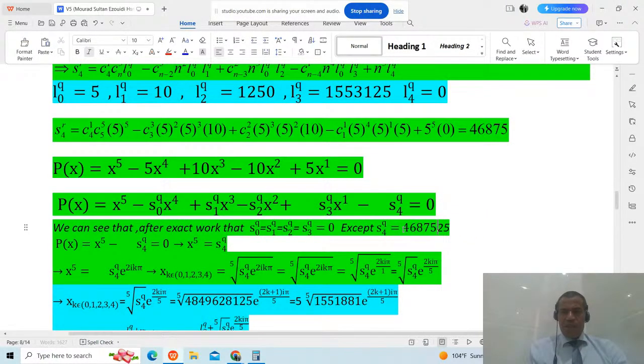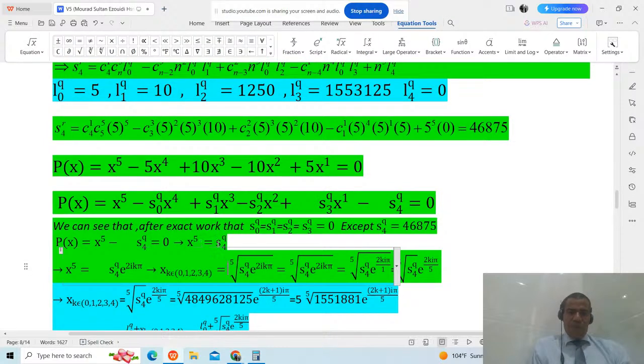So to solve my original polynomial to the power 4, I extended my polynomial to the power 5 and I got S0 equal S1 equal S2 equal S3 equal 0, only except S4. Therefore, I will write x^5 minus S4 over 42 equals 0, which means x^5 equals S4 over 42, or x^5 equals S4 over 42 times e^(2kπi).